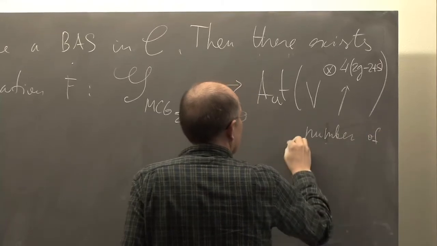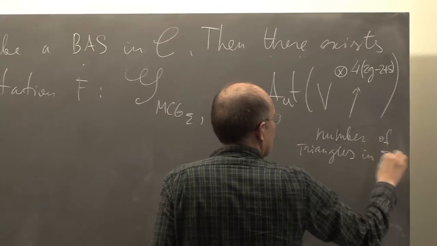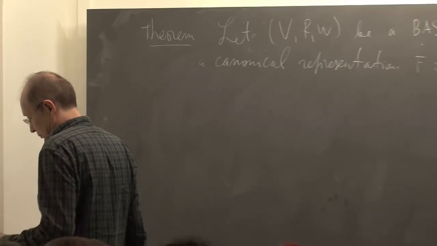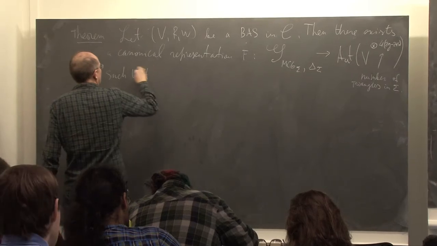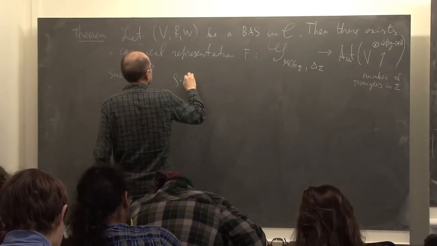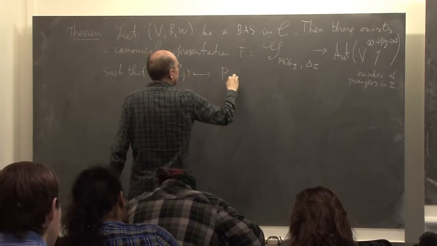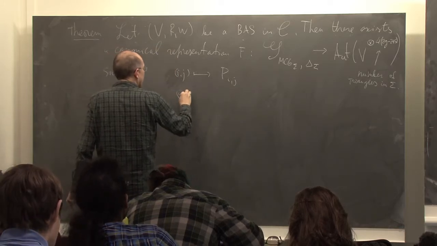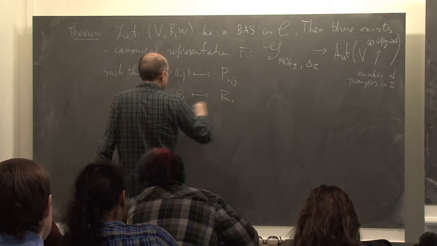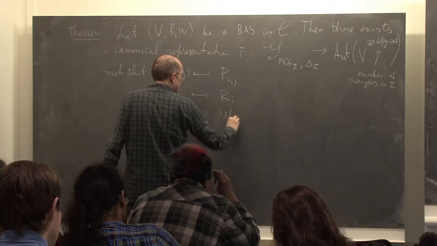Number of triangles, Sigma, such that rho_ij is sent to P_ij, rho_i is sent to R_i, and omega_ij is sent to W_ij.